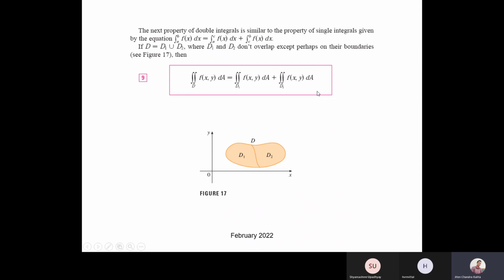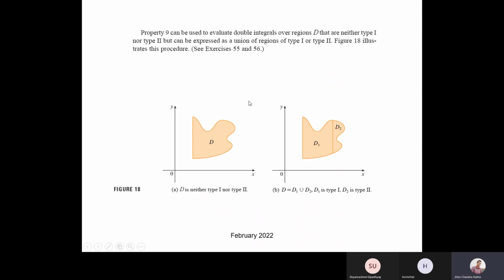So let us take one example. See, it is something like this. Say, for example, here it doesn't look like a type 1 or type 2 region, right? But by simple introduction of a vertical line here, you can see that we can convert it into a union of a type 1 and type 2 region.